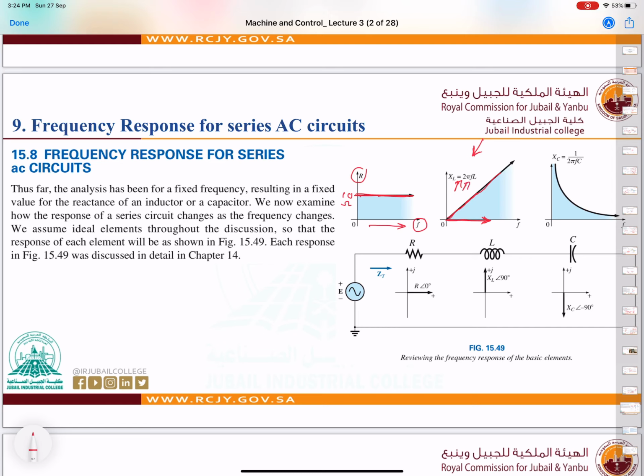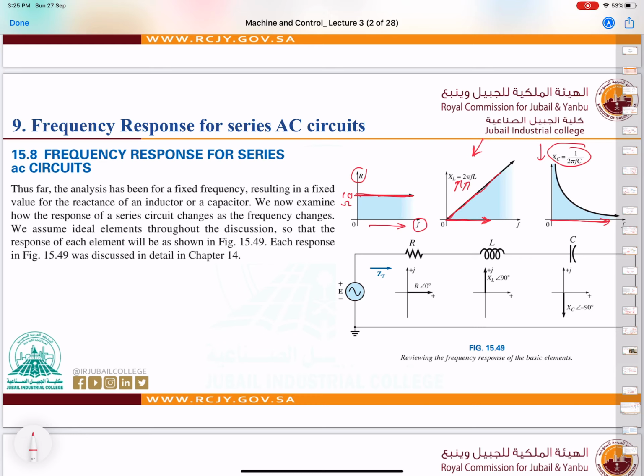So in case of an inductor, once the frequency increases, the reactance of the inductance is increasing. In case of a capacitor, if we have more frequency, the value of XC is less. That's why we have 1 over 2πfC.